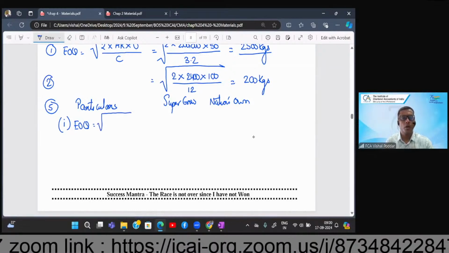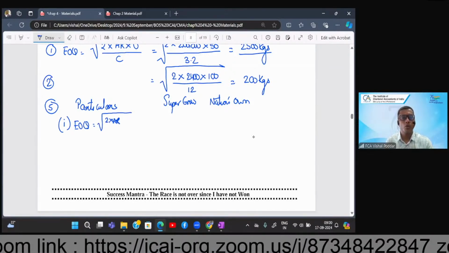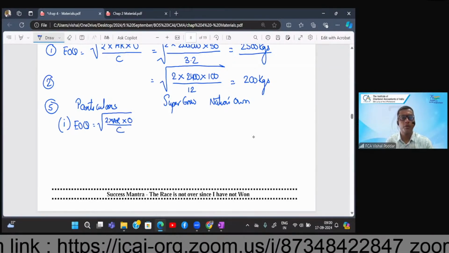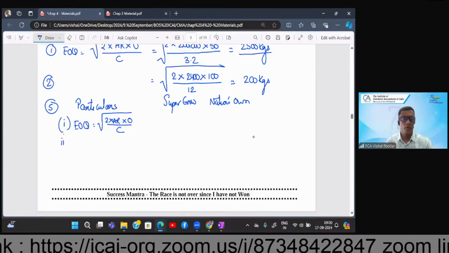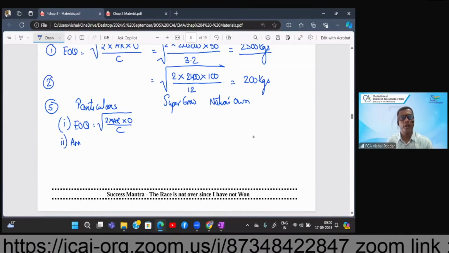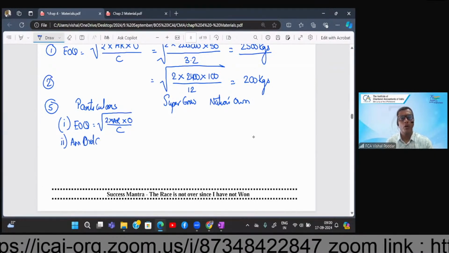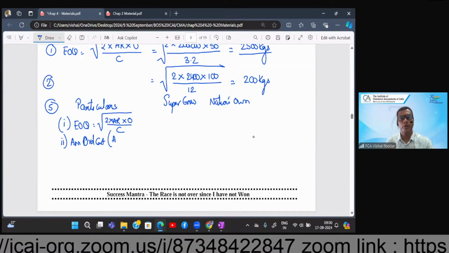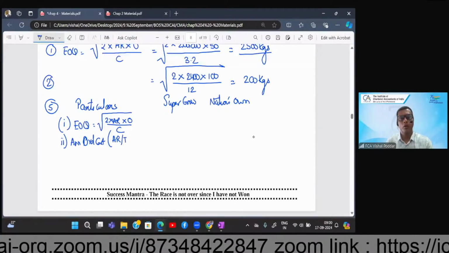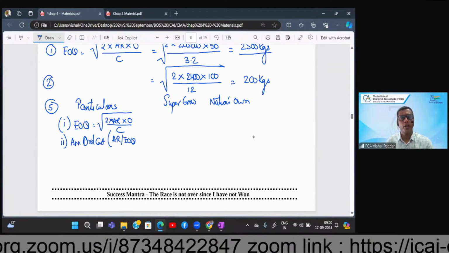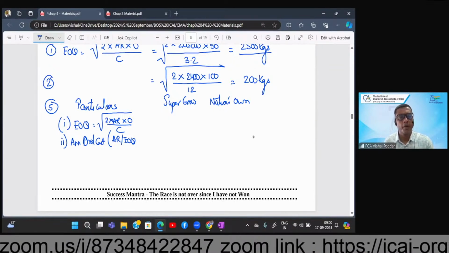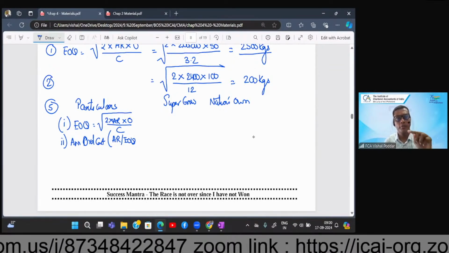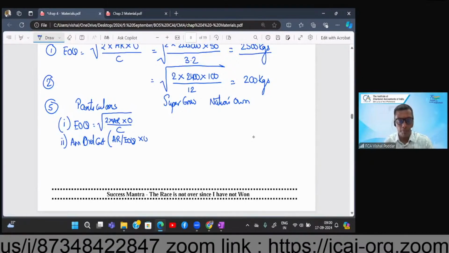So EOQ, again, it is square root of 2 into AR into O upon C. Now in the second part, I need to find out annual ordering cost, which is AR upon EOQ. Actually, it is AR upon order size, but I'm writing EOQ because we are computing this for the EOQ only.